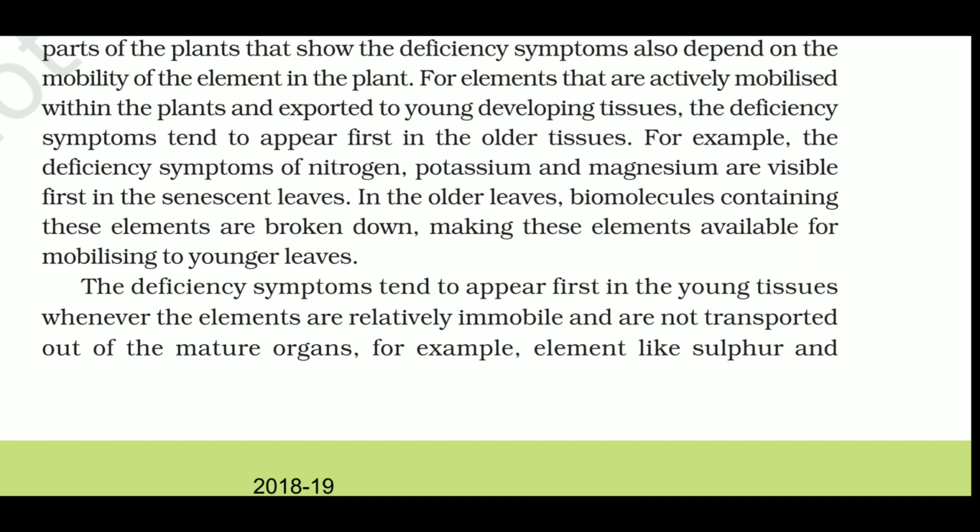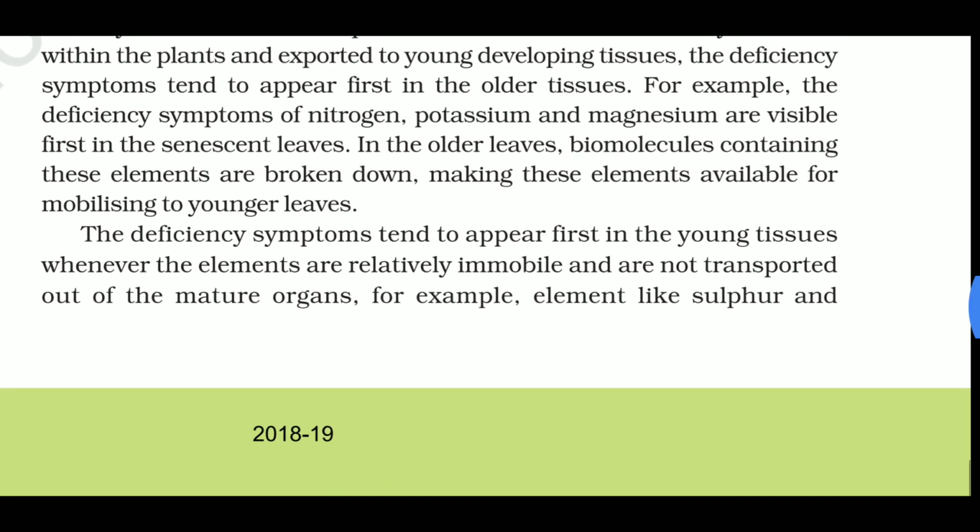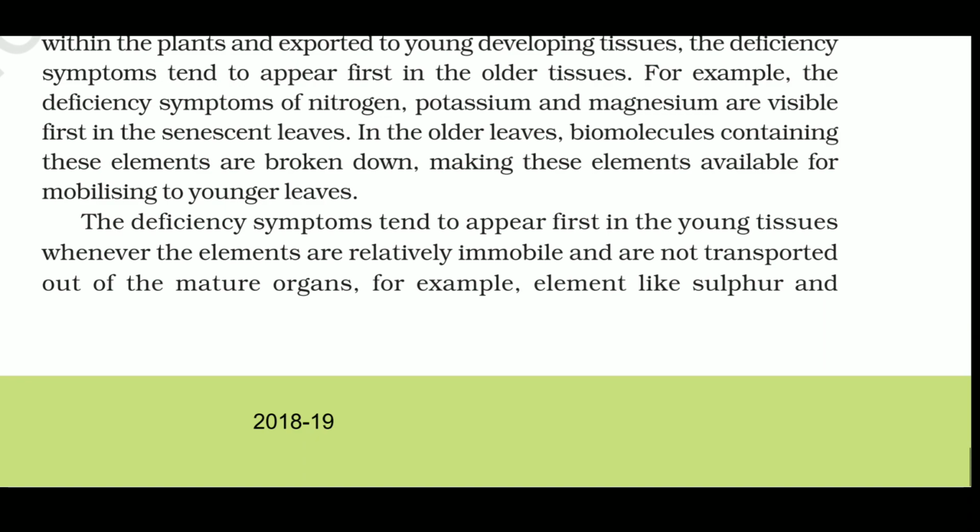For example, the deficiency symptoms of nitrogen, potassium and magnesium are visible first in the senescent leaves. Senescent means old leaves. In the older leaves, biomolecules containing these elements are broken down, making these elements available for mobilizing to younger leaves.